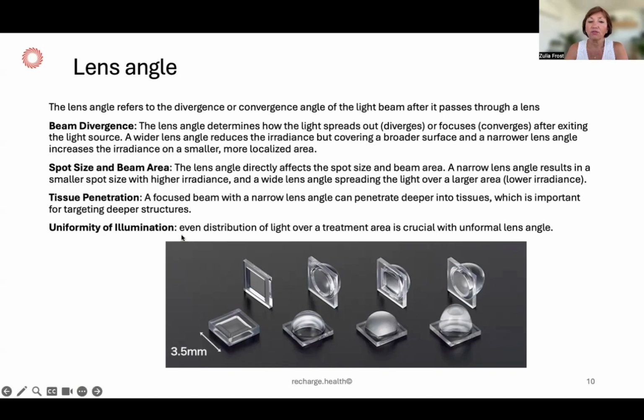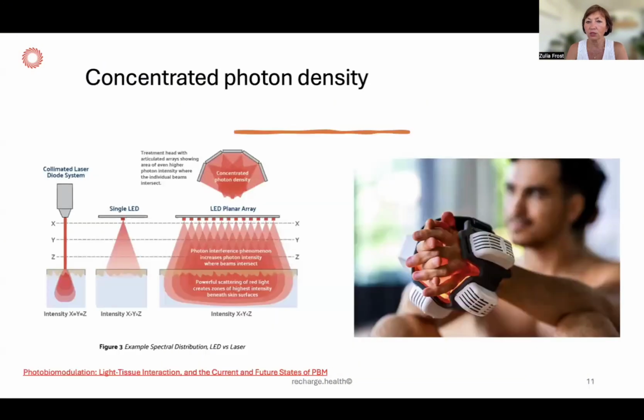And lastly, very important, if we use an array, then we need uniformity of light distribution. You can't have some areas hotter and stronger, and some areas less, yes? So it does not give you uniform irradiation. So this is an example.